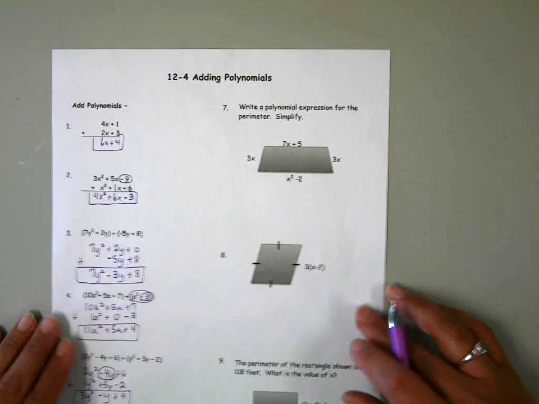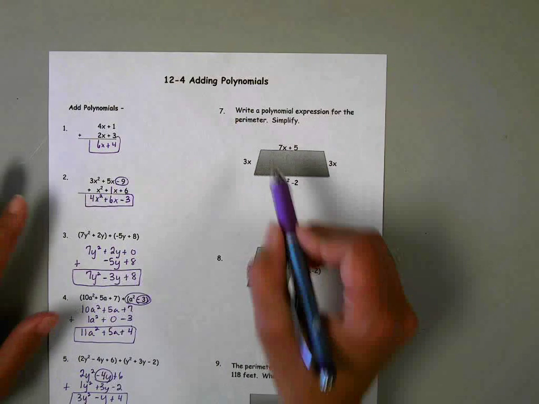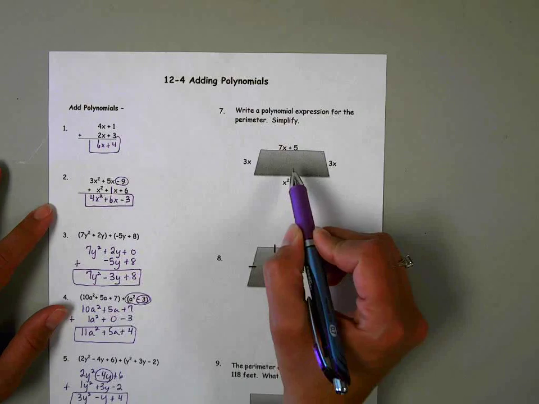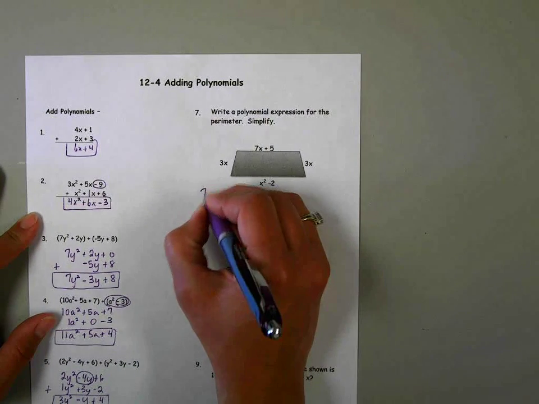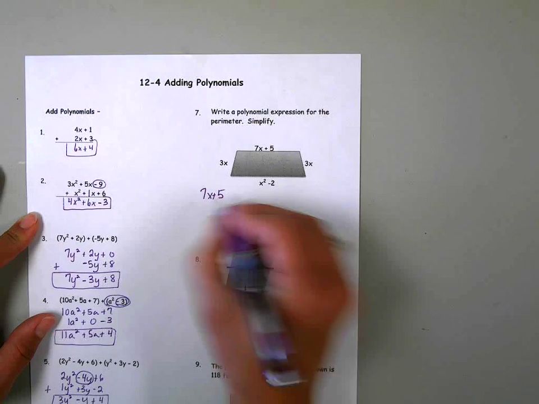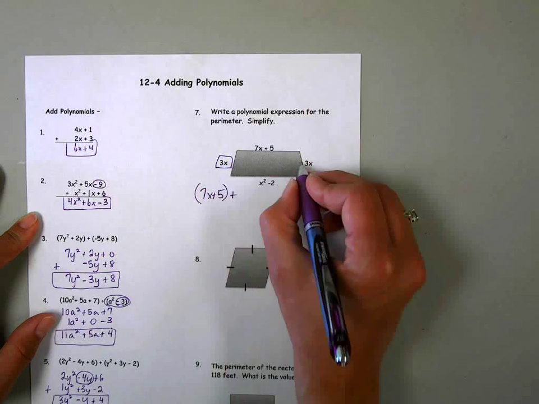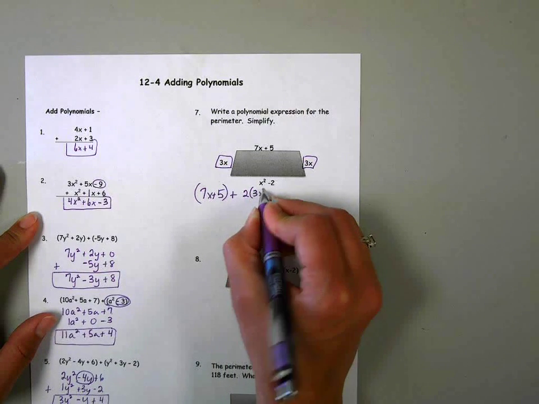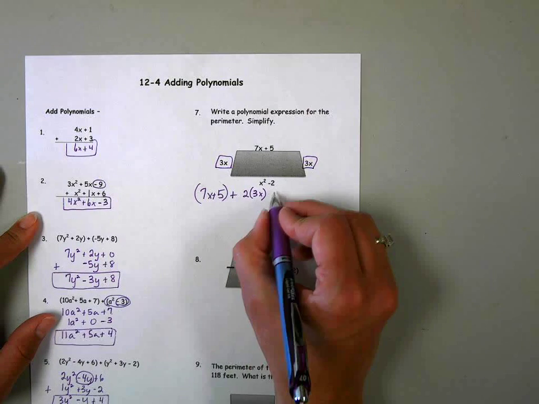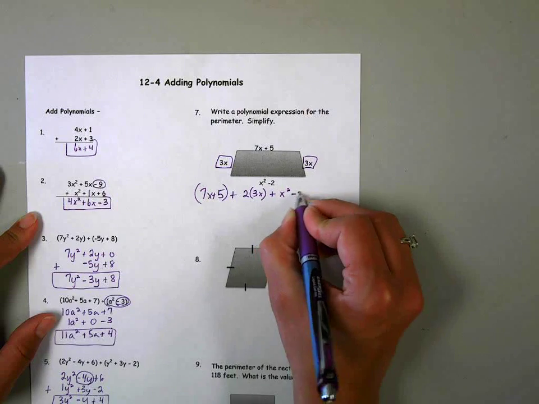Okay, here we have an example using perimeter. It says write a polynomial expression for the perimeter. So to find perimeter of a trapezoid, I have to add all of my sides. So I'm going to add 7x plus 5 plus, and I've got 2 3x's, so 2 3x's plus x squared minus 2.